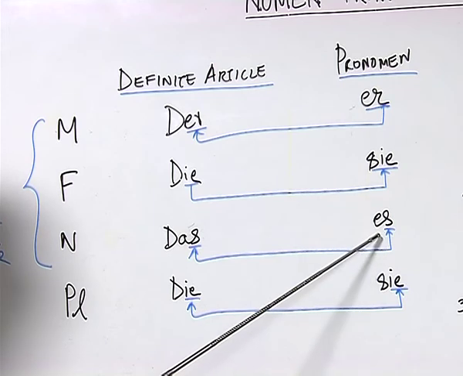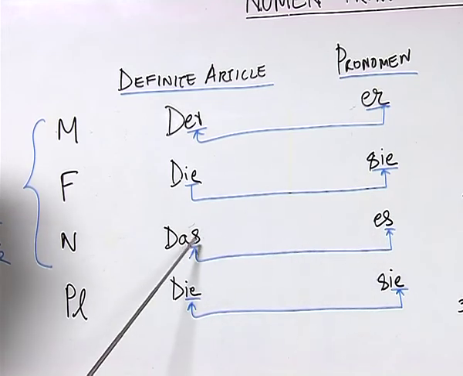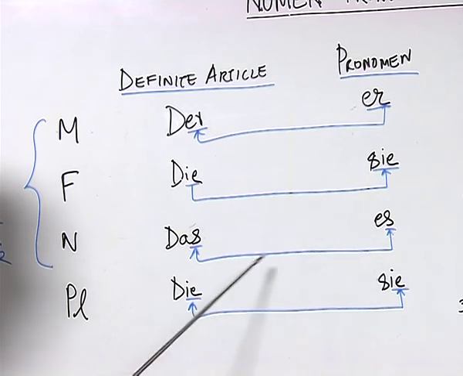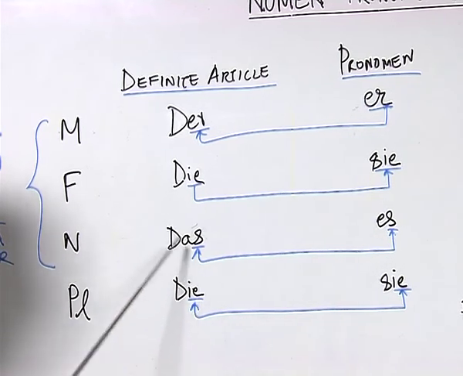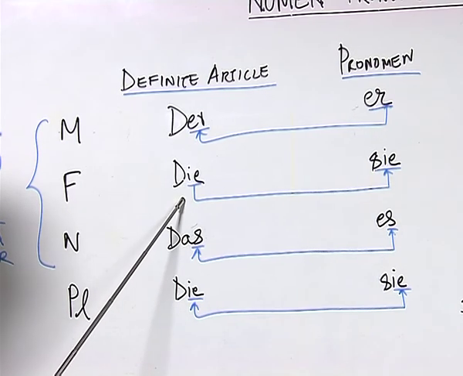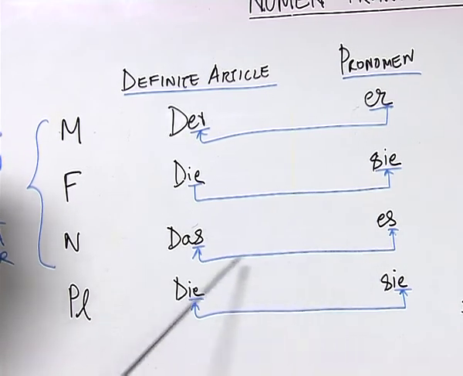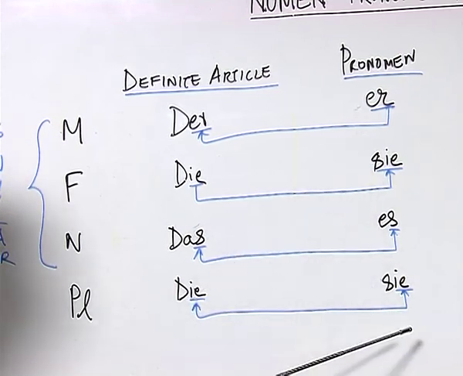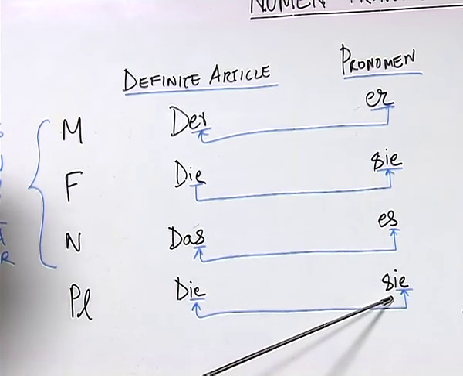For the pronoun es, we use the s from the definite article das and then add an e to it. In the same way we did the pronoun for the feminine article die, the same method is applied for the plural article die, and the pronoun used here is sie.